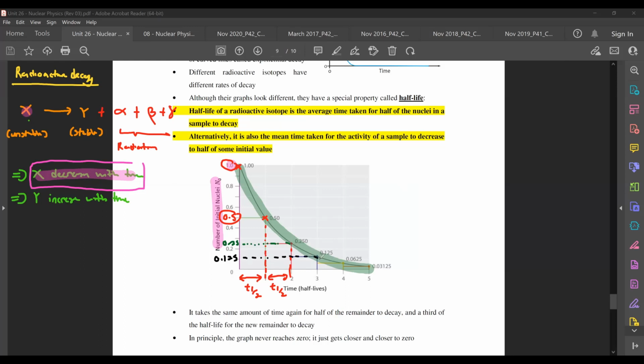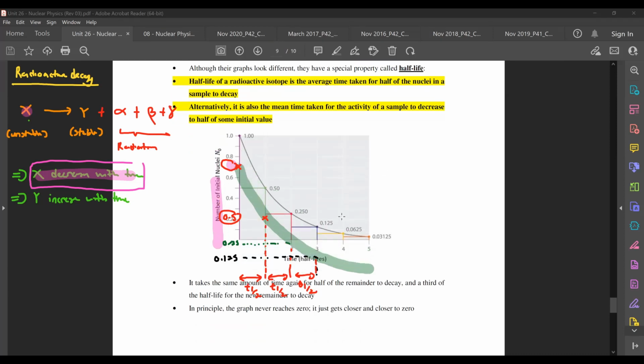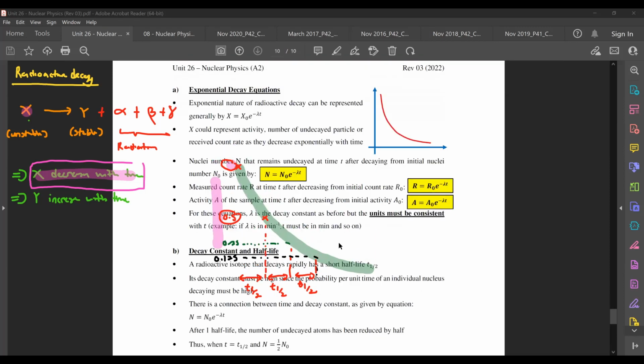Again, this one will have another half-life. So with each subsequent half-life that passes, your amount keeps reducing by half. This is what half-life actually means. So that one is all right.